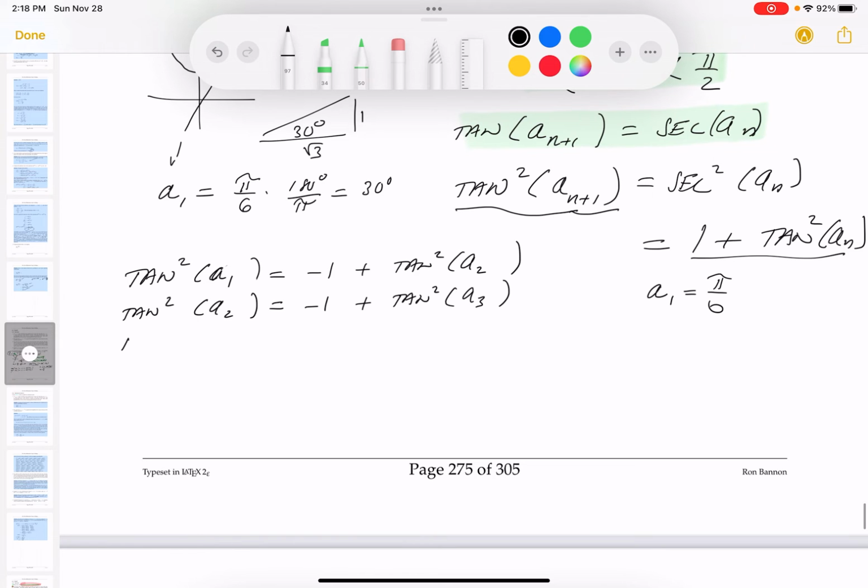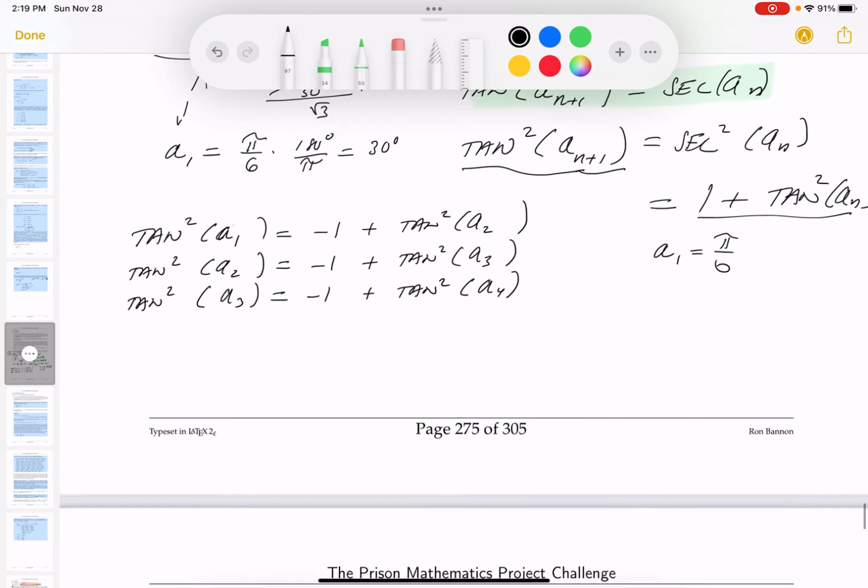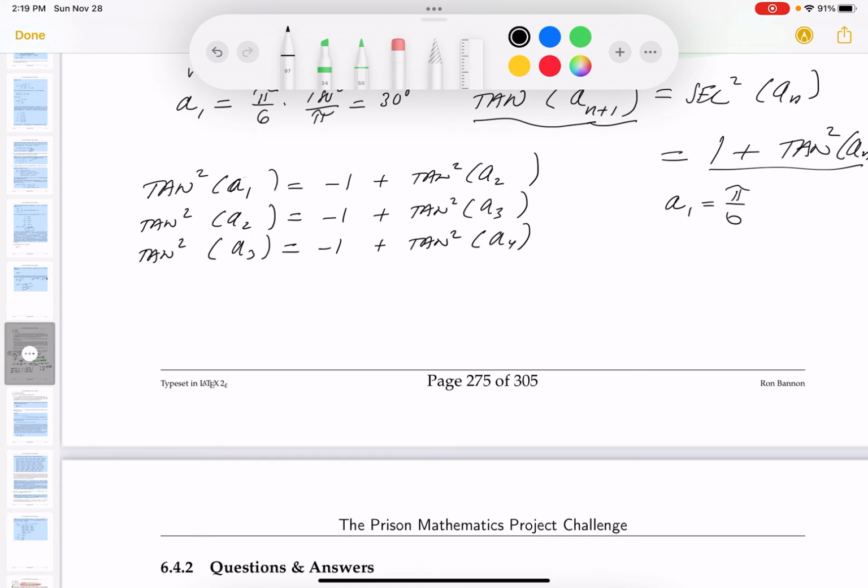Let me put this one down. Tangent squared A3 would equal -1 plus tangent squared A4. Well, I'm going to write this a little differently, but I could write this all day long.